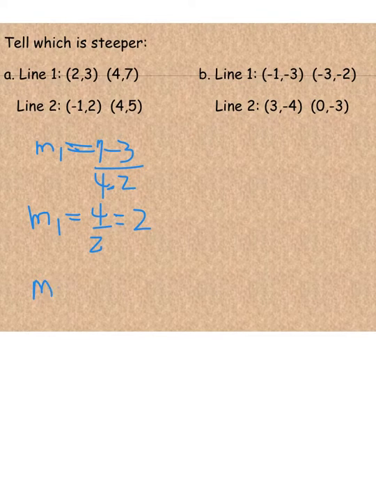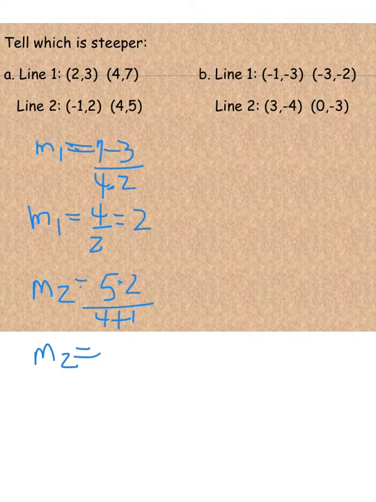And my second line will have a slope of 3 over 5. And if I compare the number 2 to the number 3/5, 2 is larger, therefore we would say that line 1 is steeper.